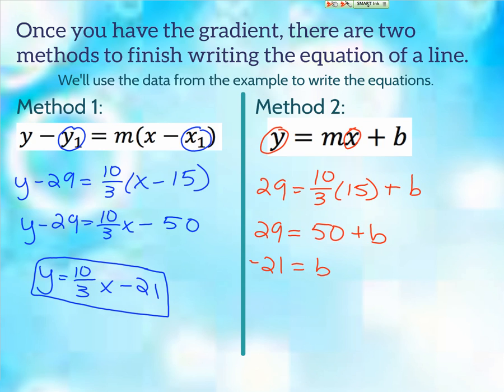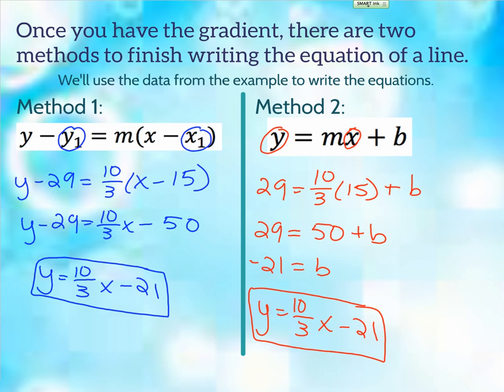And then if I subtract 50, I end up getting b equals negative 21. We do have to take one more step and write it as an equation. So my slope, again, was still 10/3, so y equals 10/3 x minus 21. It's really your call on what method you prefer. I like method 1 because I just have to do the problem and I get my answer. I don't have to take another step to write out an equation. But that's just my preference.